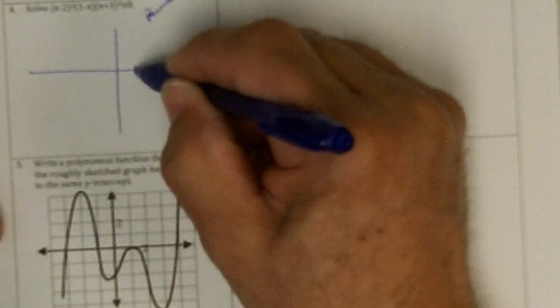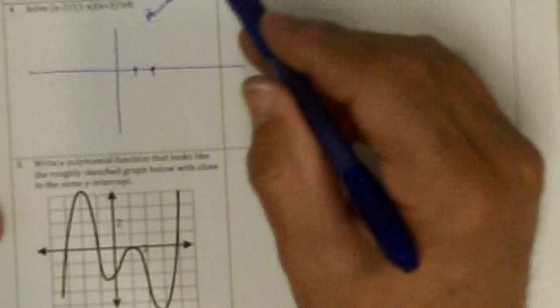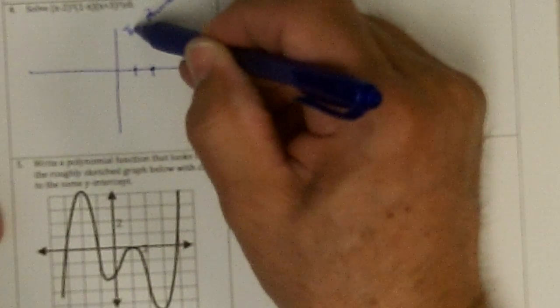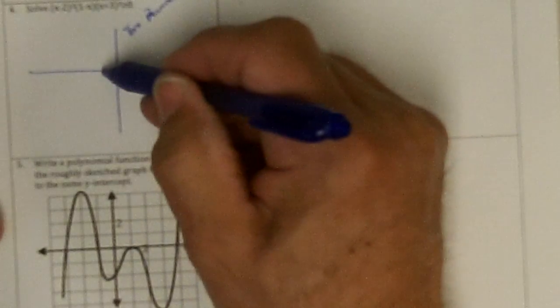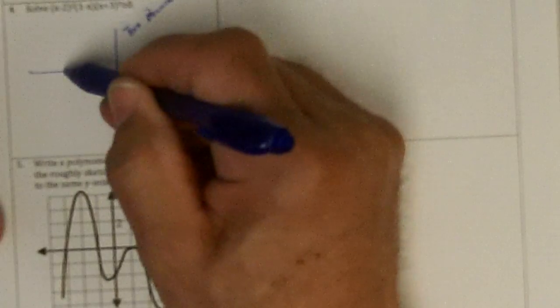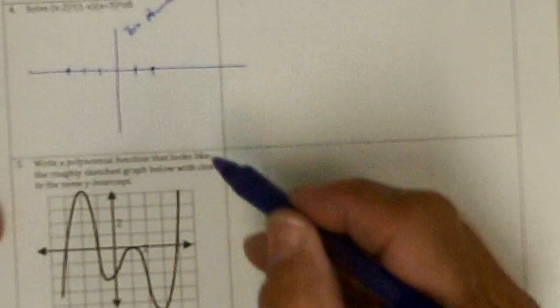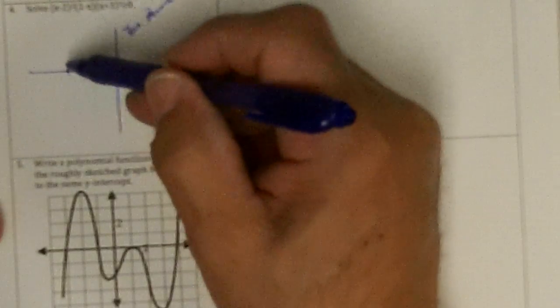It happens only once. It's not squared or anything, so it's got to go straight through, but I'm just going to write through. And x plus 3 must go through negative 3. And it's cubed, so it must hesitate.